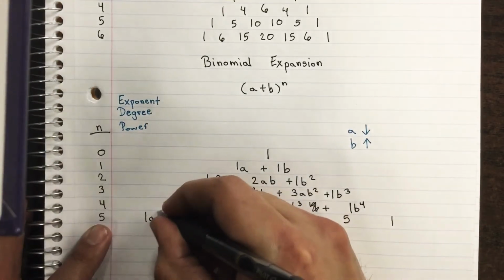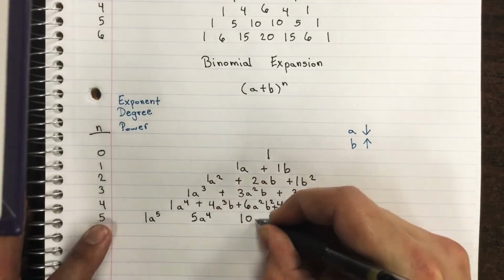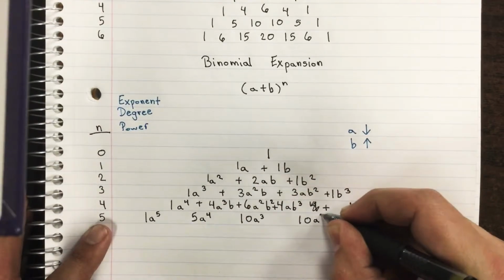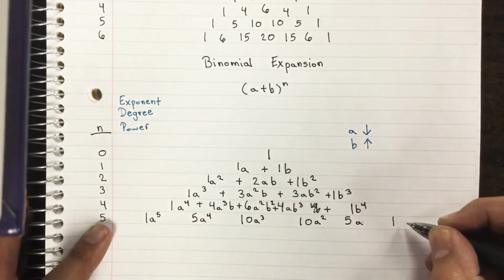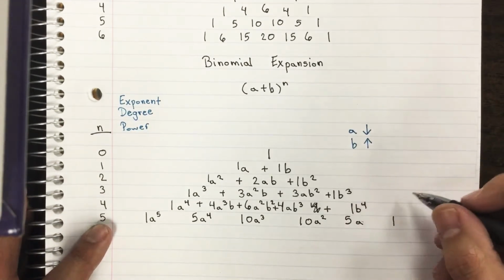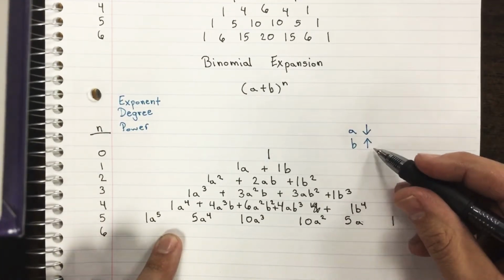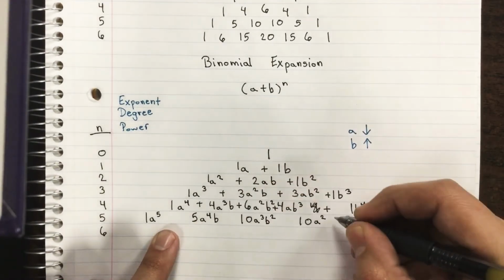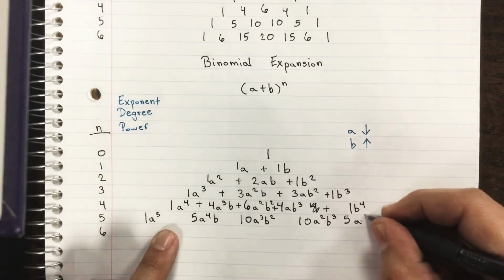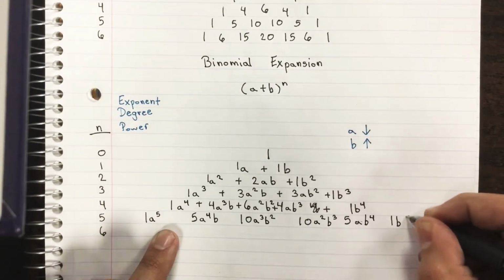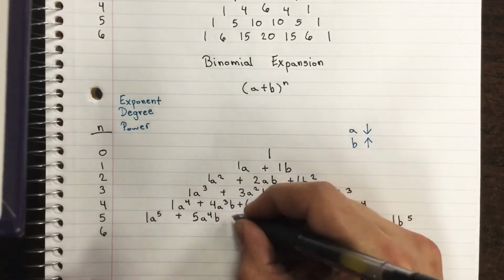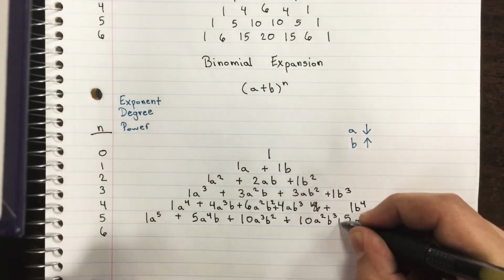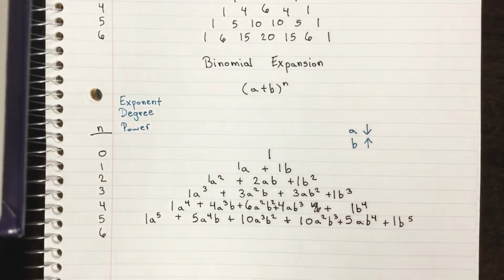So this is a to the 5th, a to the 4th, a cubed, a squared, a to the 1, and then no a's. And do the same thing with the b's, and my b's increase. So no b's, b to the 1, b squared, b cubed, b to the 4th, and b to the 5th, with plus signs in the middle. But you can see that the pattern just is going to continue. I would do 6, but I'll probably run out of room.